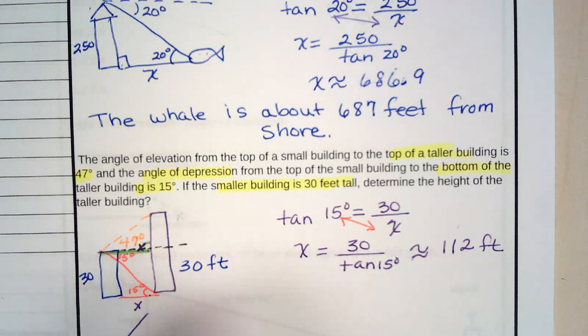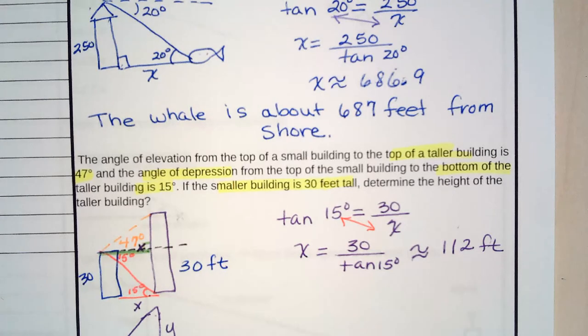So now I'm going to look at this piece here. This is my top. This is 112 feet. This is 47 degrees, and I am wanting to find y. Once again, I have to use tangent.